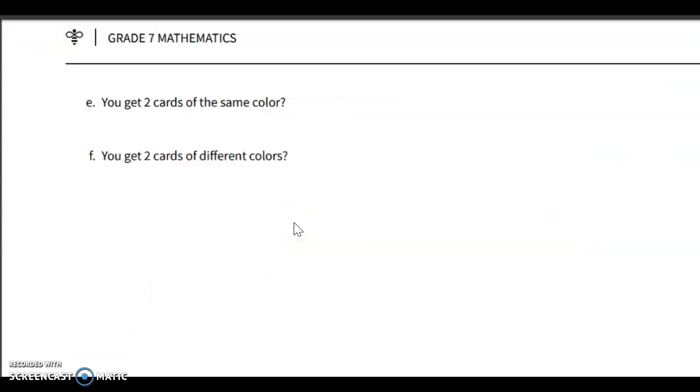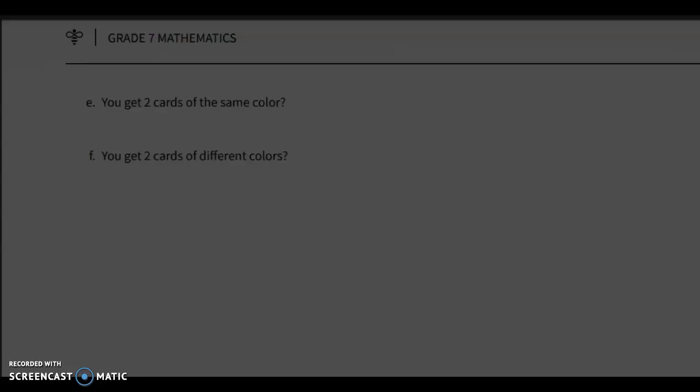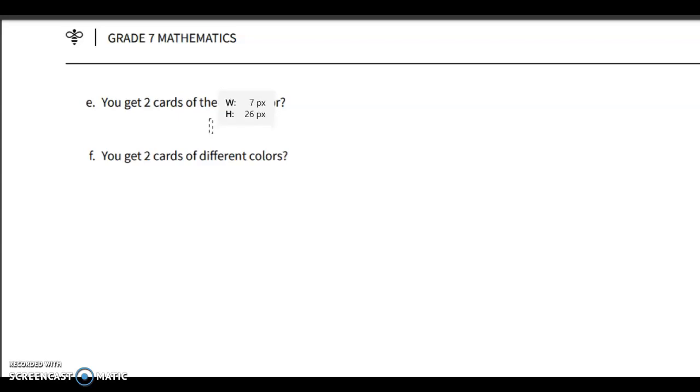Okay, and then E says you get 2 cards of the same color. Now we talked about this earlier, right? Because we're not putting the cards back in, is that ever going to be possible? And the answer to that is no, it's not possible.